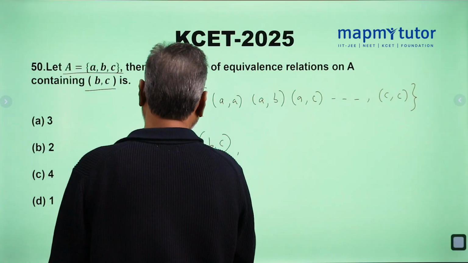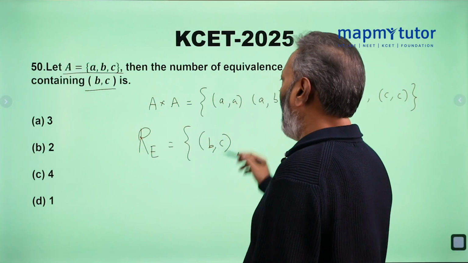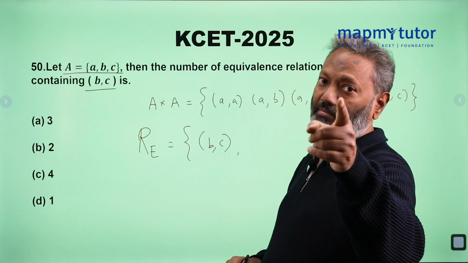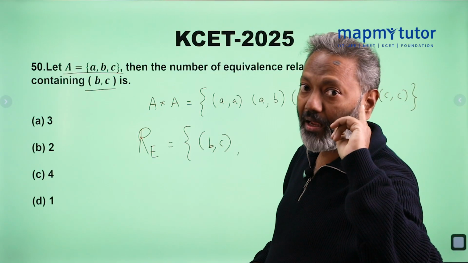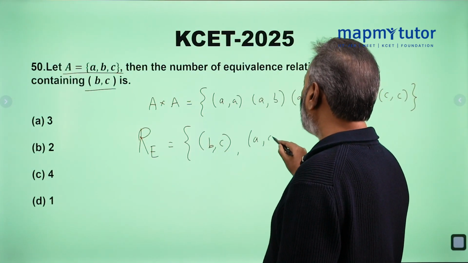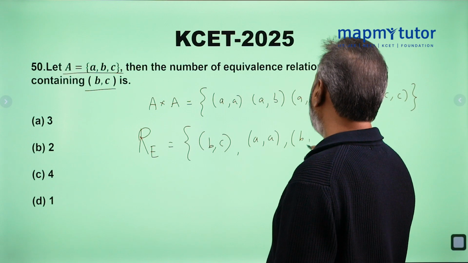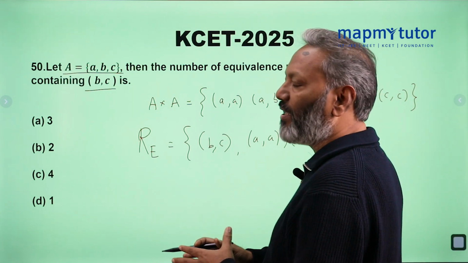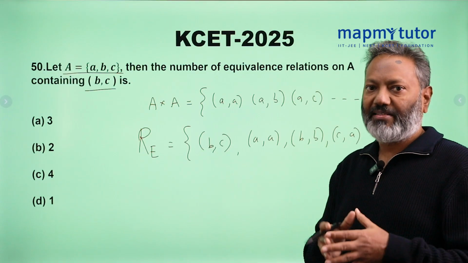Let us see the possibilities. BC is already fixed. And for a relation to be equivalence, what is the first condition? Number 1, it should be reflexive. And it must have AA, BB, and CC. Okay? Then only I can say it is reflexive.